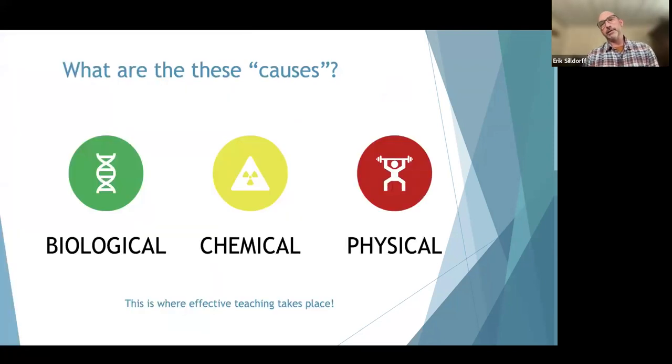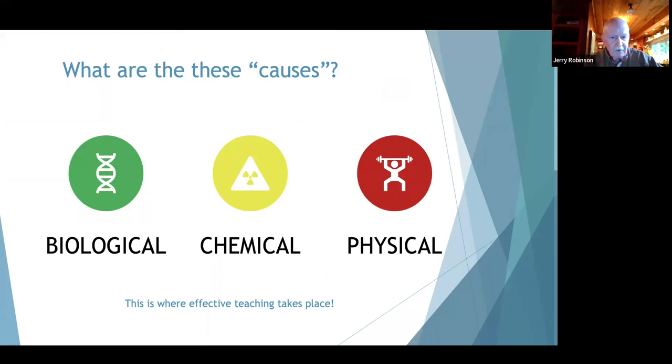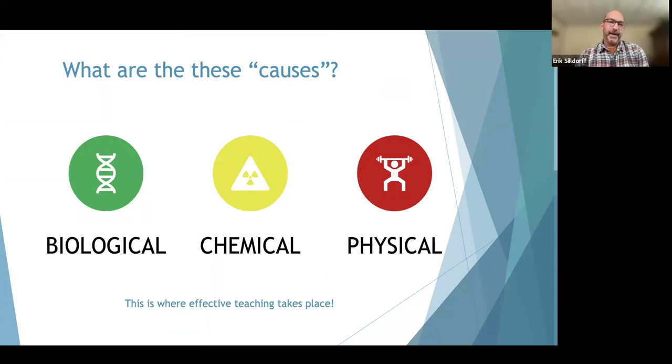So what are these causes? They fall into the three main categories, as you might suspect: biological, chemical, and physical. Our point here is not that you should teach students to categorize causes into these three blocks every time they come up, but more so that students understand that these are the types of causes that link physiological elements within these cascades that we're talking about.